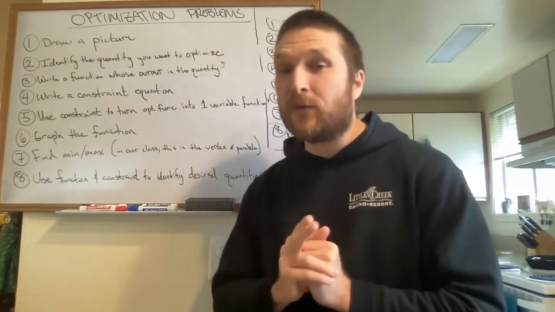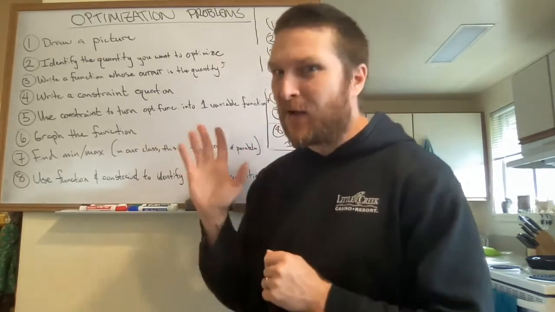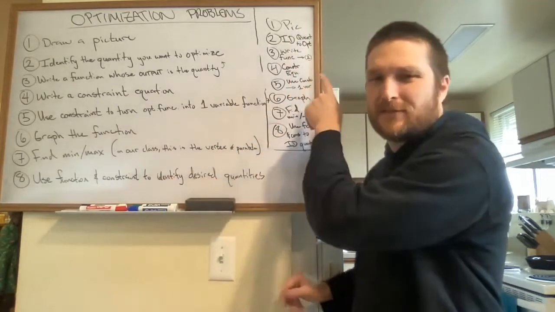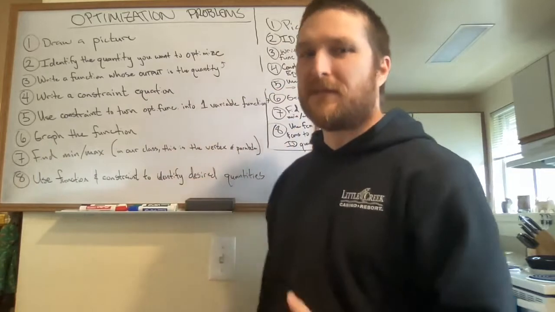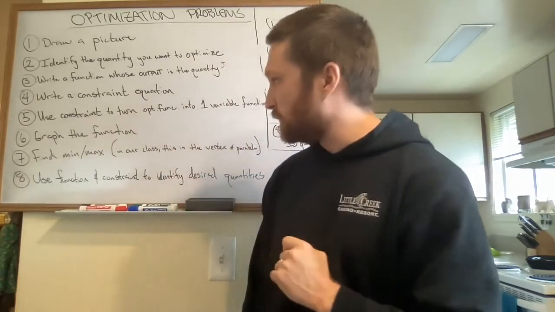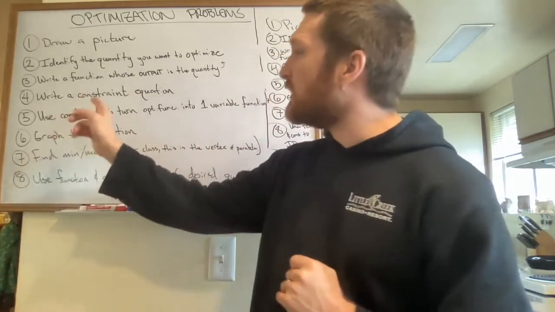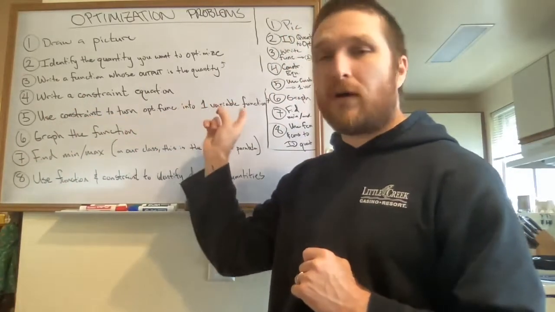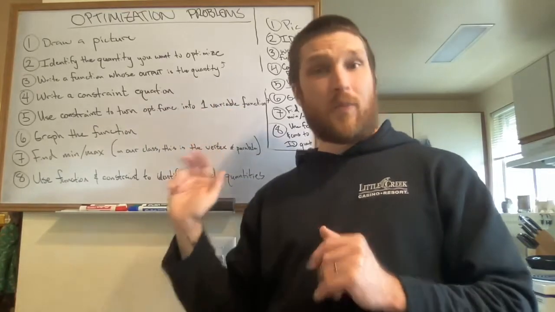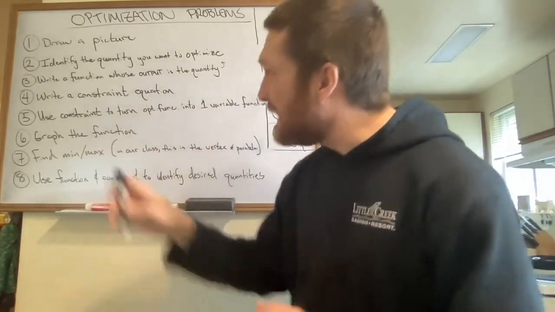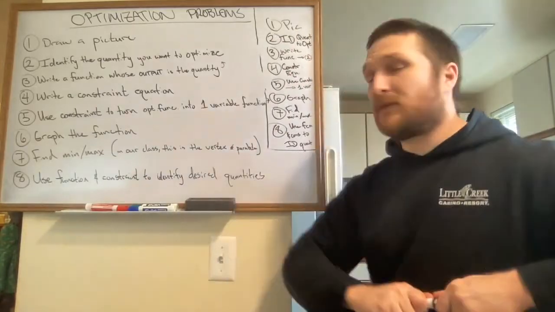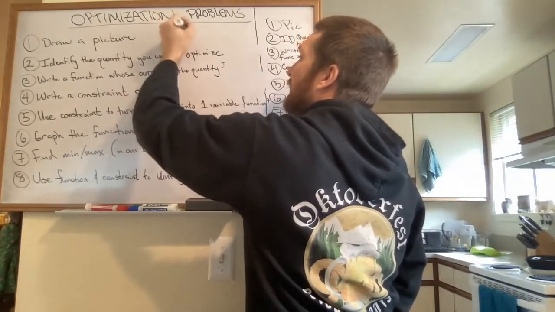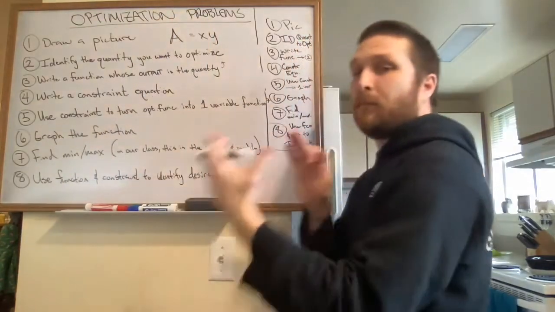This will become clear when we do our first example. Right now, what does that even mean? Just wait for a second. We want to make sure this is up on the board when we go to solve problems, but you'll see what that is in a minute. Number 5, use the constraint to turn the optimization function into a one variable function. Again, what? Well, especially with area, we'll end up with something like area equals x times y, or base times height.